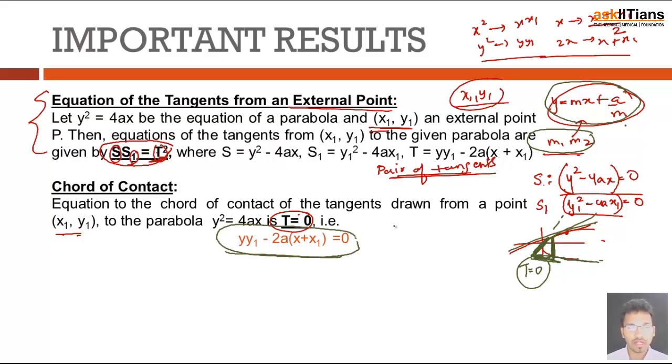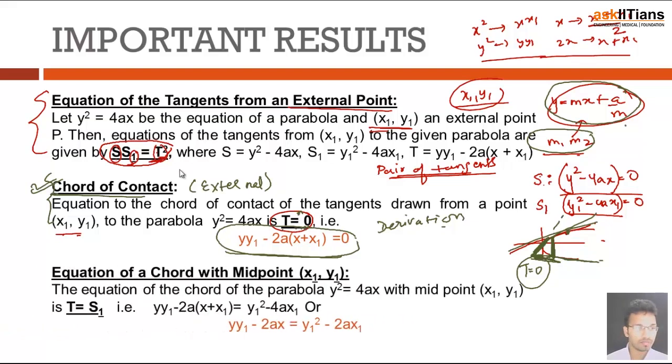You can do the derivation yourself, but remember, chord of contact is from an external point, whereas the equation of tangent is when the point lies on the curve. Very important result, and you will be using these conditions again and again.